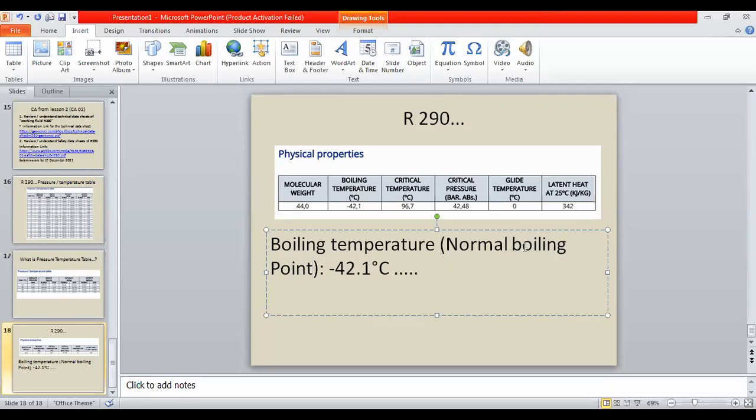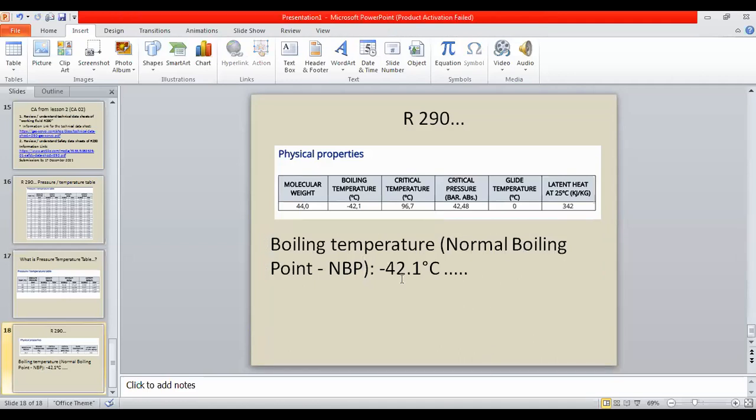Normal boiling point. We call this NB, normal boiling point, minus 42.1.